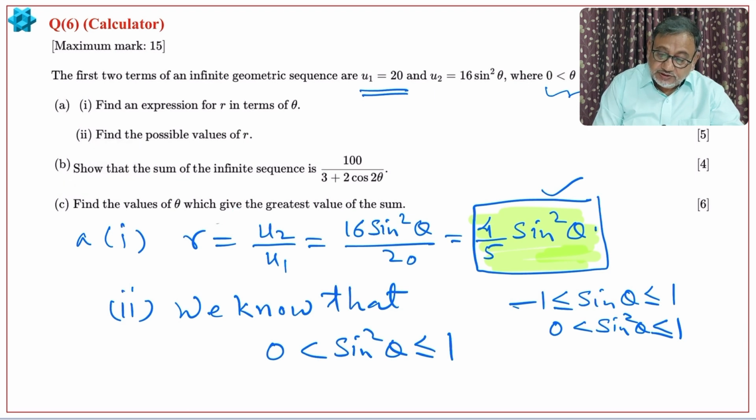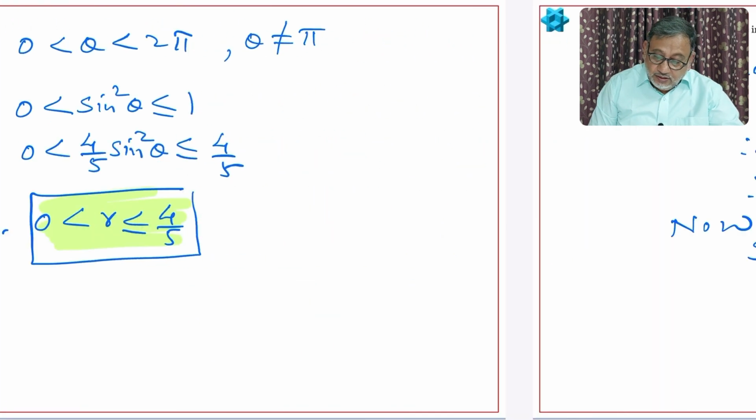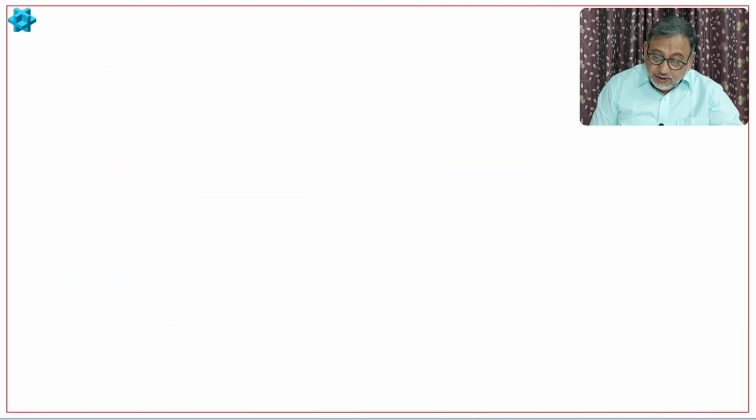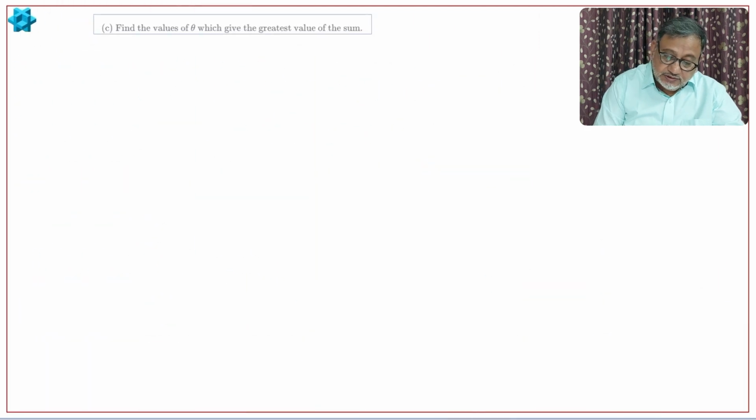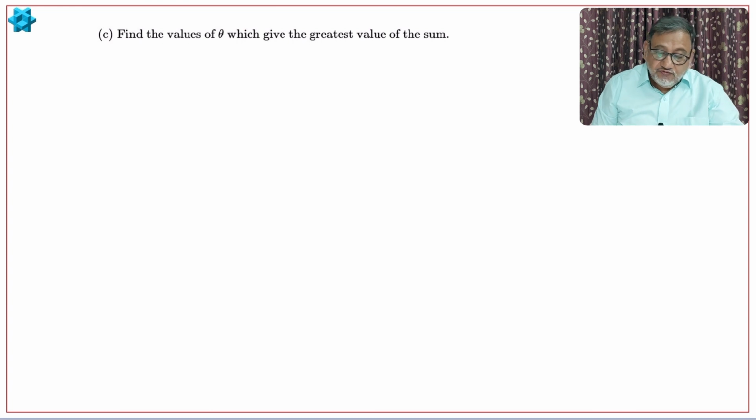Let me erase this. One more part, yeah, there is a space, so I'll put it here. Find the value of theta which gives the greatest value of the sum.